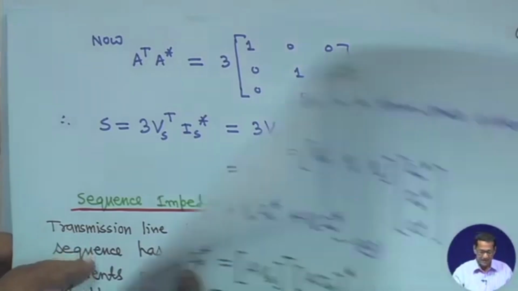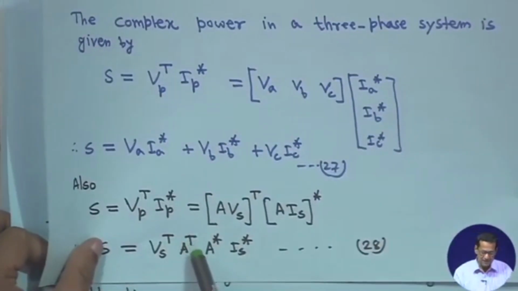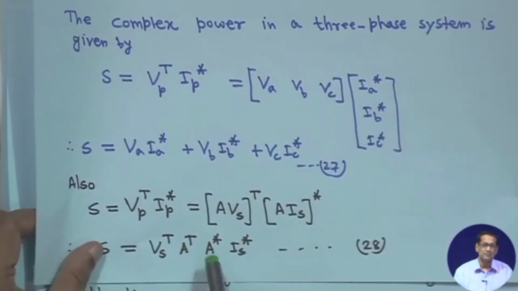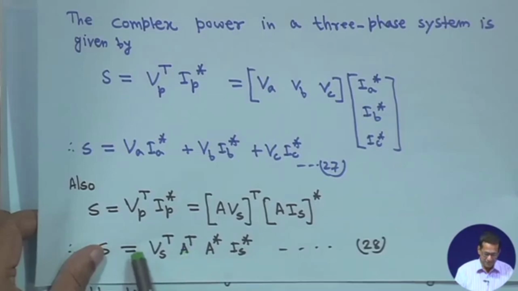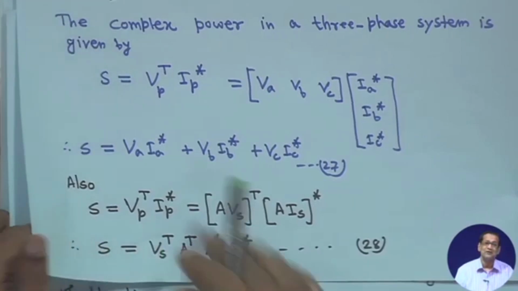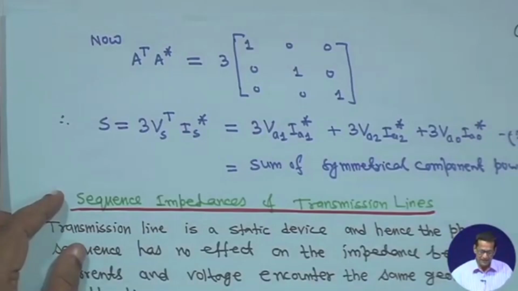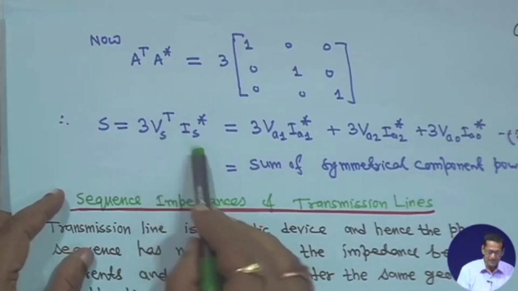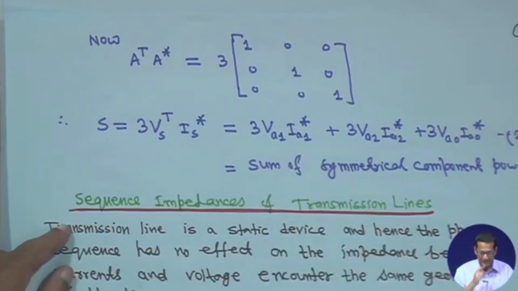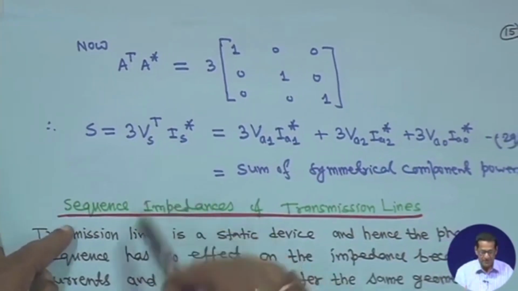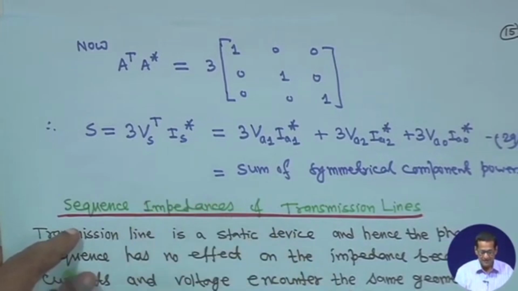That means A transpose A conjugate is an identity matrix multiplied by 3 of course, so it will become 3 Vs transpose Is conjugate. That is why we are writing 3 Vs transpose Is conjugate. Directly we are multiplying, where Vs transpose is VA1, VA2, VA0 and Is transpose is IA1, IA2, IA0.